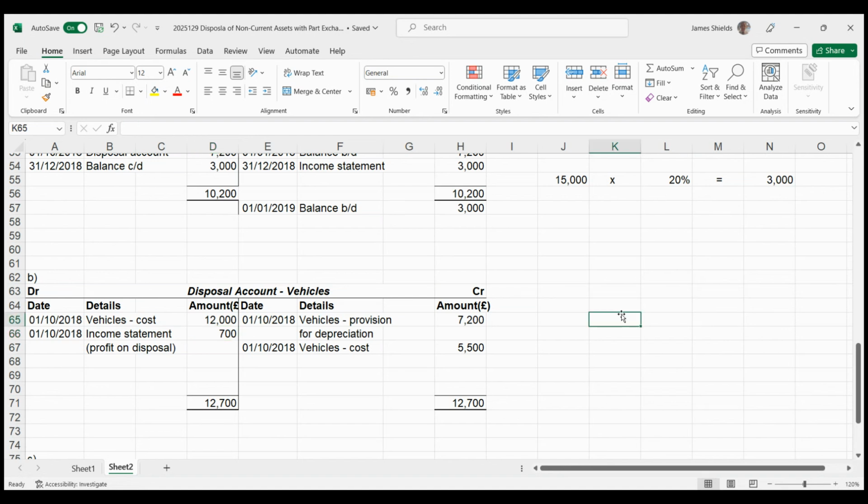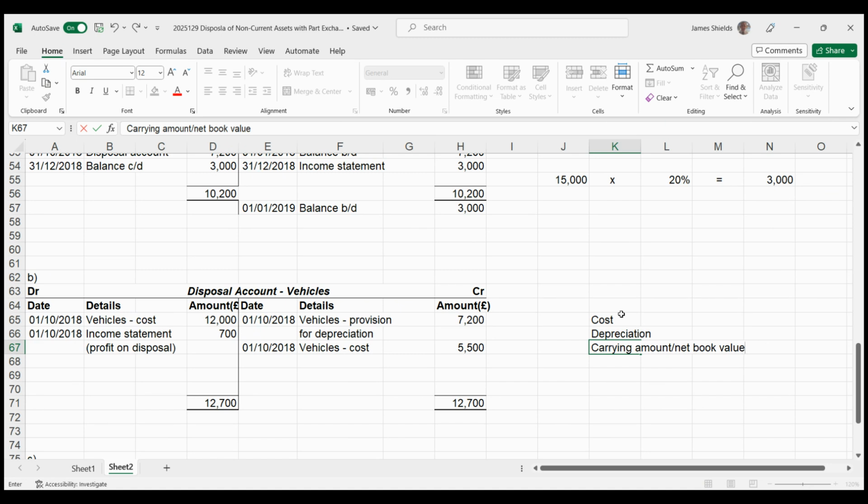Now, again, you can do a little summary of that, which is what I like to do. So we've got the cost, depreciation, carrying amount. Now remember, they will still use net book value, sometimes instead of carrying amount in your exam. We have the proceeds, and then we have a profit or a loss. So the cost was £12,000.